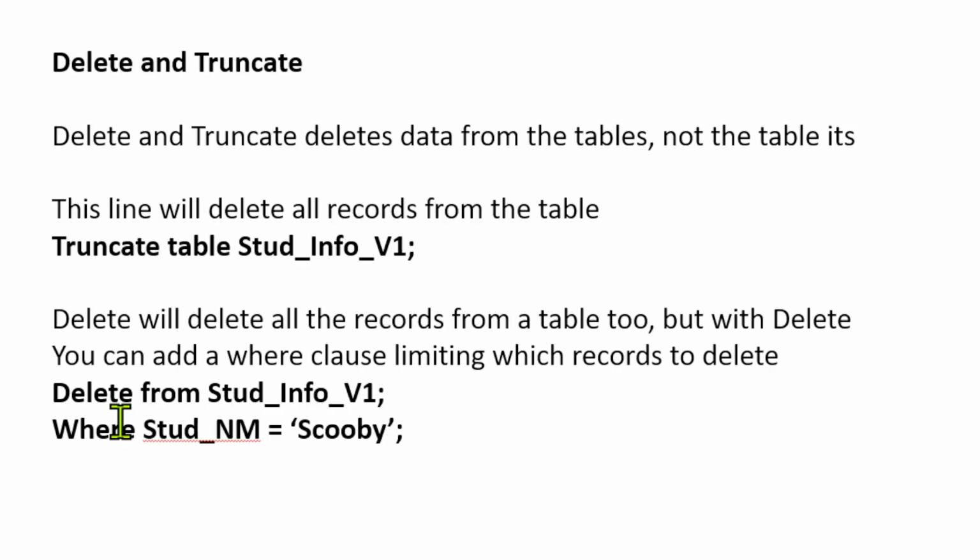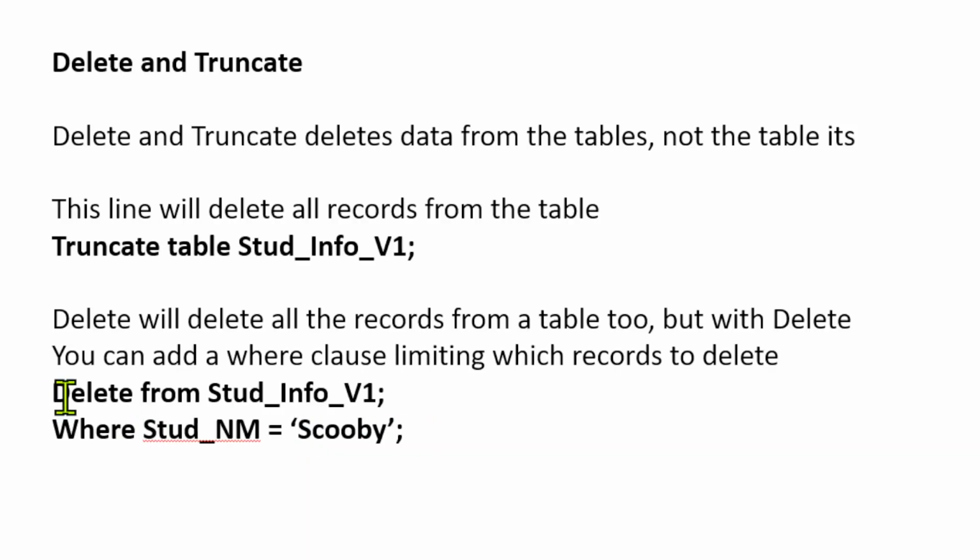Then we have 2 other options. We have truncate. Truncate deletes all the records from the table. So truncate table stud info v1 will delete every record from the table, but keep the table. Delete will delete all the records from the table too, but with delete, you can add a where clause limiting the records to delete. So in this case, I can say delete from stud info v1 where the name is Scooby.